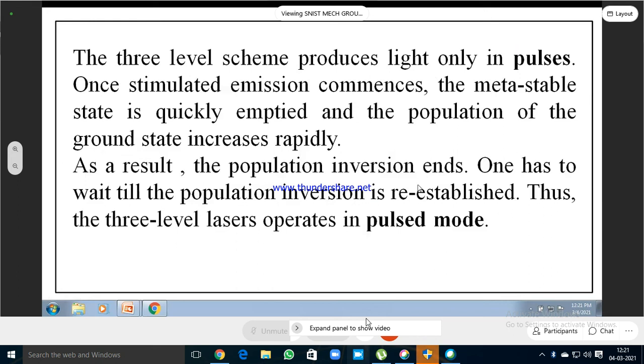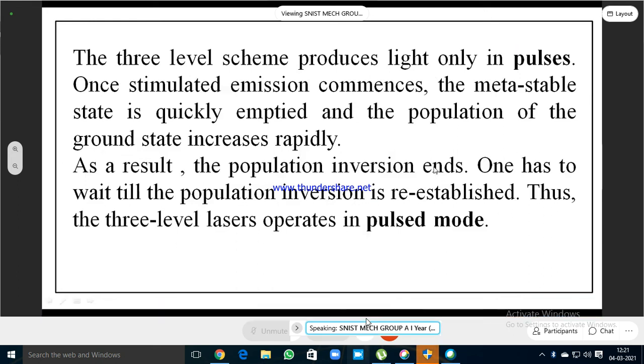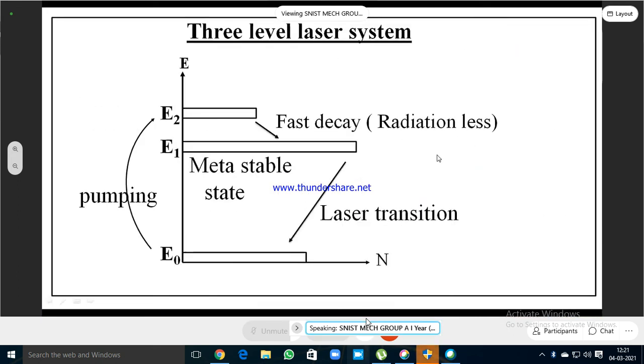Yeah, I'll show you. This is the diagram.